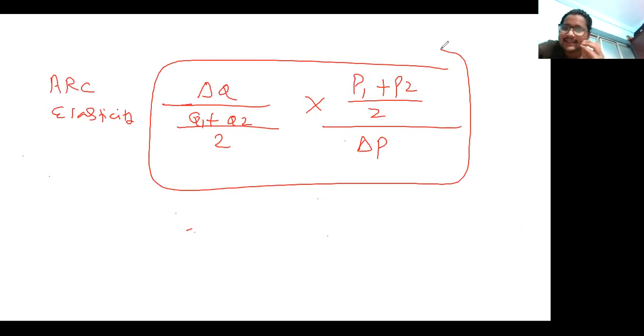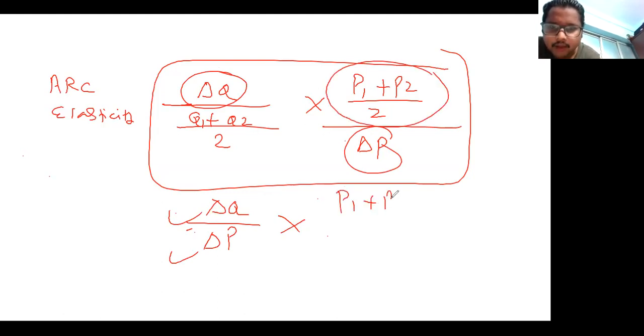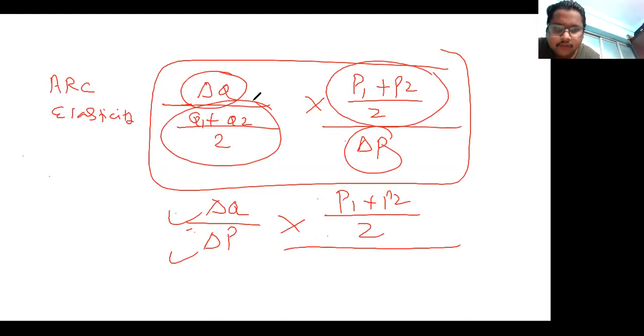Now let's simplify this formula. I can write delta Q by delta P into, now I'll write this part, P1 plus P2 divided by 2, and the whole divided by this part, that is Q1 plus Q2 by 2.